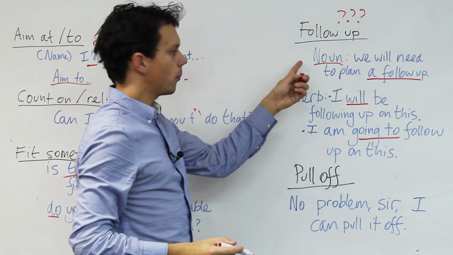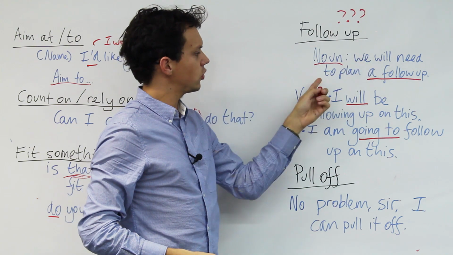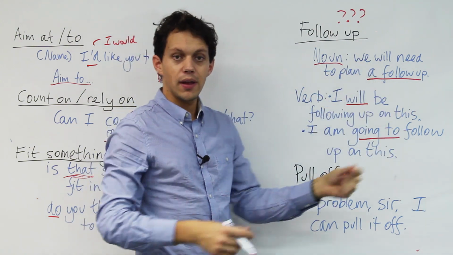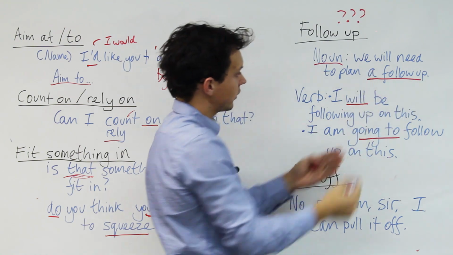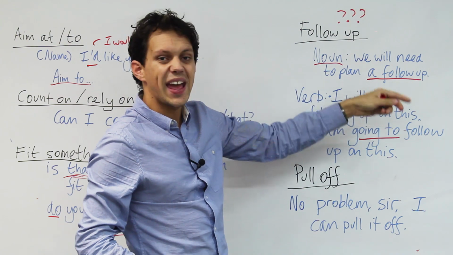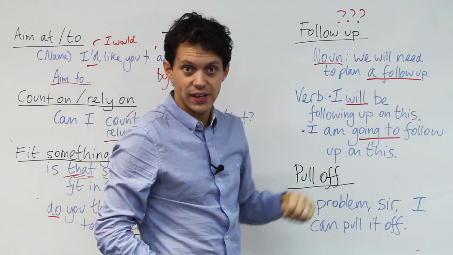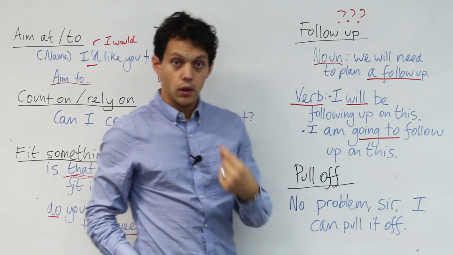Now, we can use follow up with a noun. Bob, we will need to plan a follow-up. A or the, remember, those are articles with the follow-up, which is our noun, okay? A follow-up, working there as a noun. We can also use it as a verb, okay?